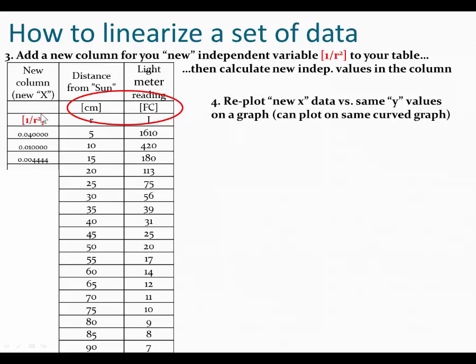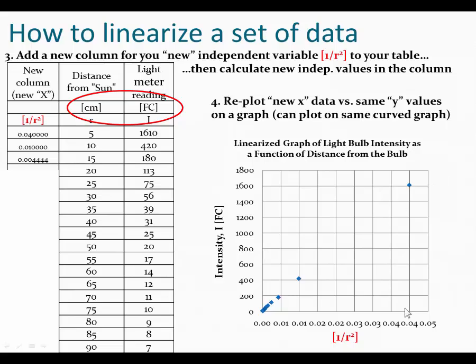You may find, though, that the scale of these numbers, take a look at the scale of the numbers, and you'll see that these numbers vary from 0 over to 0.04 using my centimeter values. So you may want to reshift the scale on that a little bit and redraw the graph a little bit. Use your judgment on that. And as you can see, once we do that, the data looks like it's quite linear.